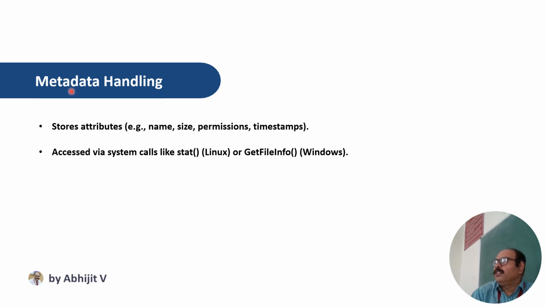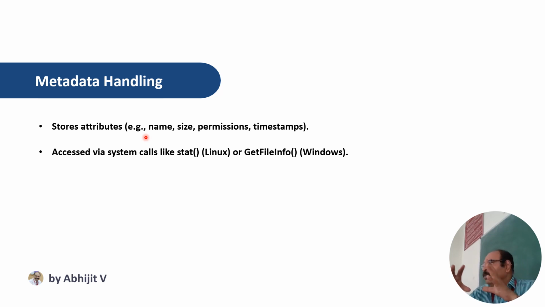Another directory operation is metadata handling. I've told you what metadata is, and I've shown you live what metadata is. Storage attributes like the name of the file, the size of the file, who all can access it.